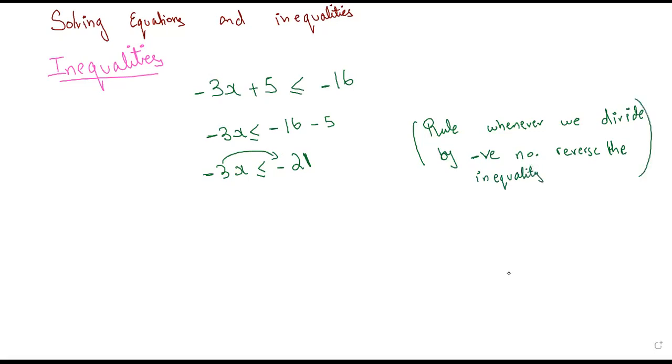So right now we have this sign. When I take minus 3 to the other side, divided by minus 3, I will change the sign to this sign. And this means that x is greater than equal to 7. Did you understand this?